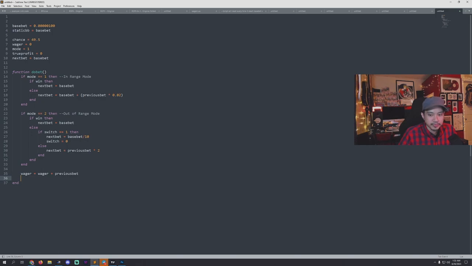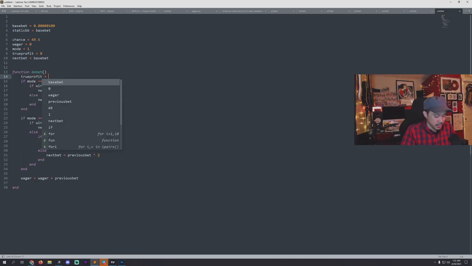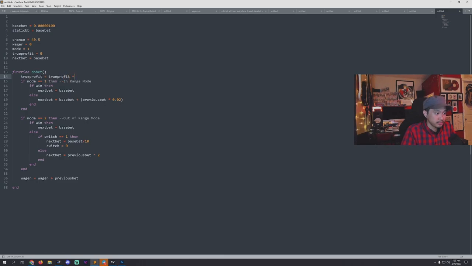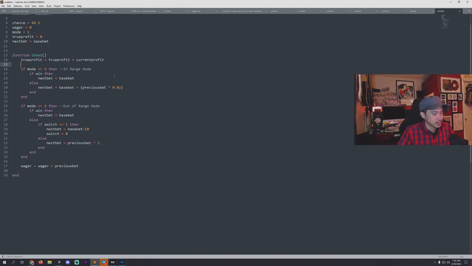Also, on top, we're going to have to keep track of the profit. So true profit equals true profit plus each and every current profit that we make when this code runs. So for the first game, get that profit, second game, get that profit, third bet, get that profit. Accumulate that into a pot called true profit.